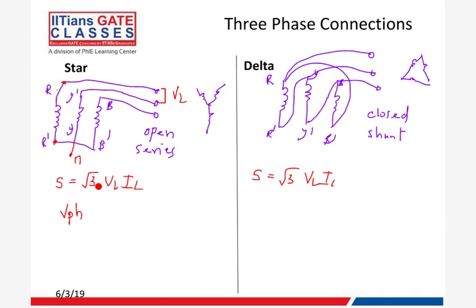So V phase is equal to VL times what factor? Here, V phase is equal to VL into X, and here V phase is equal to VL into Y.